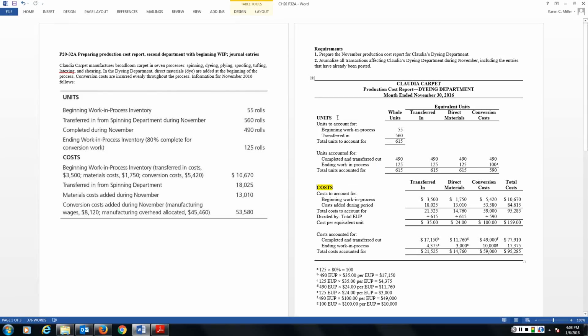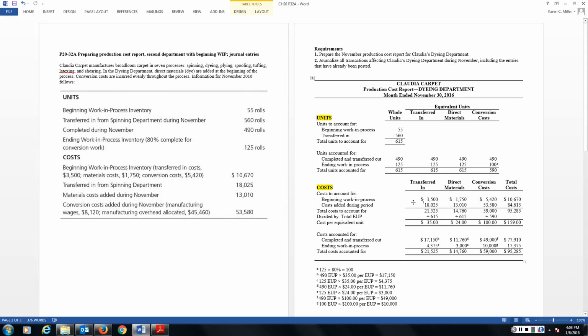All right, so we've got the number of units accounted for. Now we step down and try to determine what our total costs were in each of these areas: the transferred in, the material, and the conversion. Well, the book tells us that we had $3,500 in beginning work in process for transferred in cost.